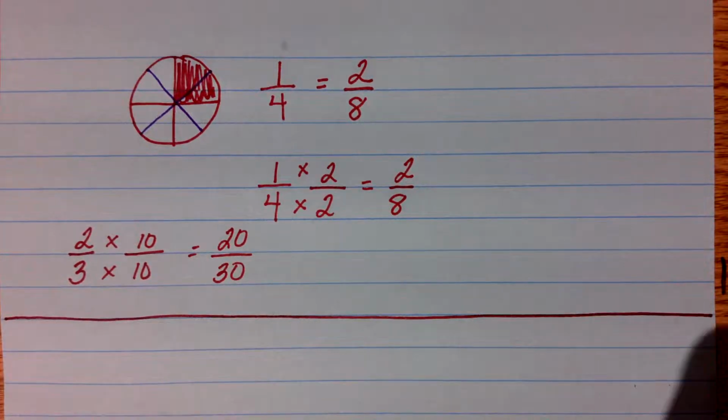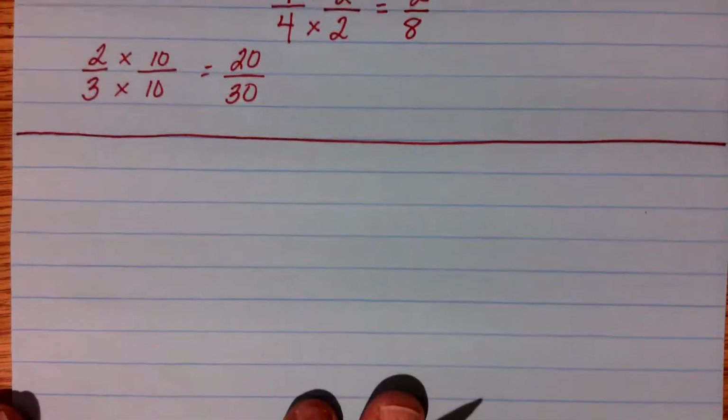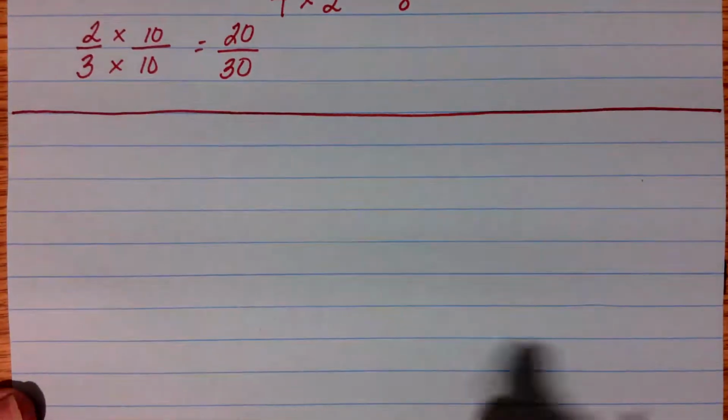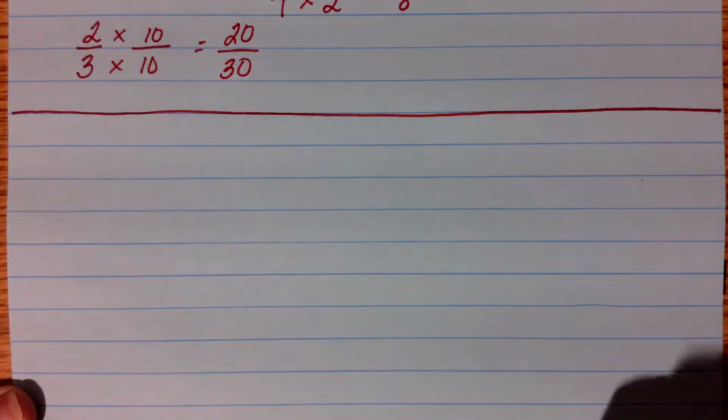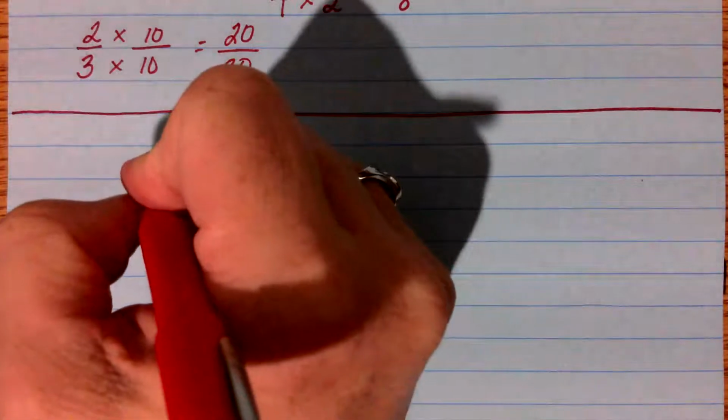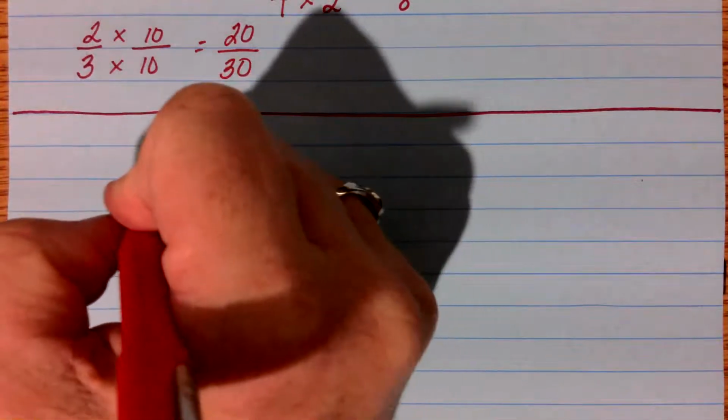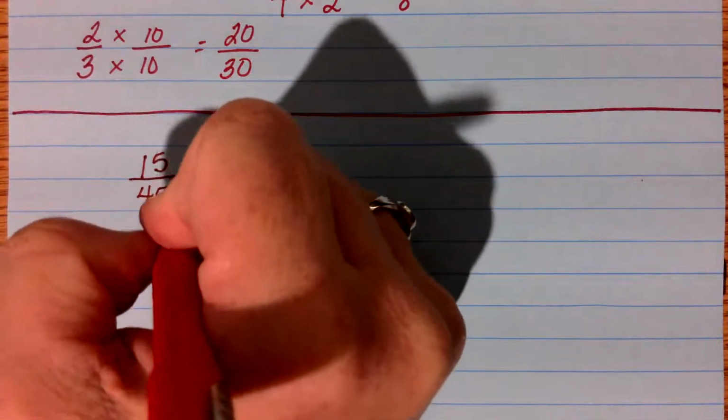You're going to learn more about simplifying fractions later on. The same is true with division of fractions. You're going to divide by one whole, which could be any number of parts out of any number of parts. So let's say I have 15/45.